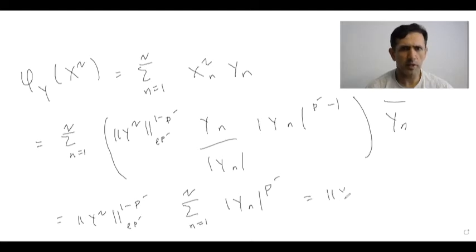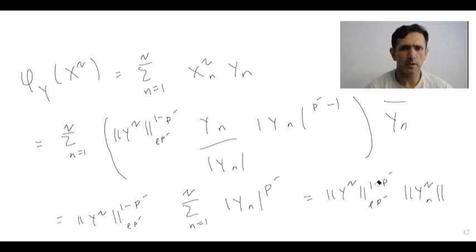And this is going to be, well, again, y_n is y_n big N when restricted to little n between 1 to big N. So this is going to be y big N to the 1 minus P prime, little l^P prime, y big N, little l^P prime, whoops, sorry about that.